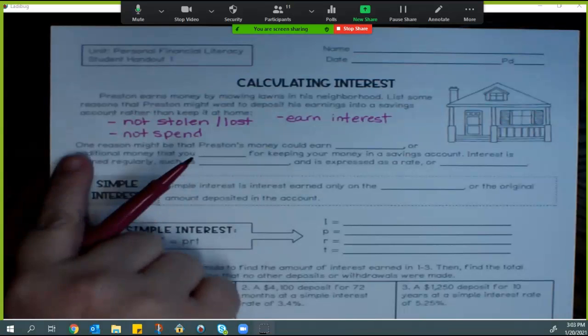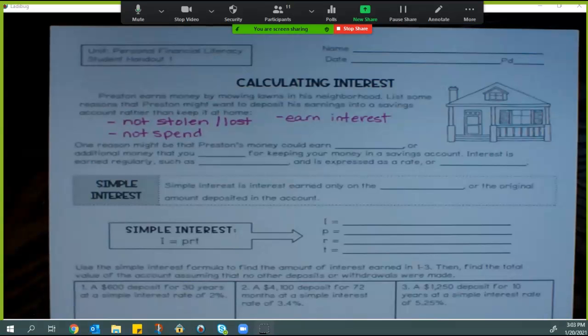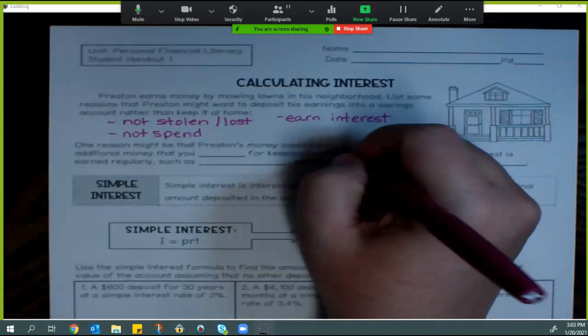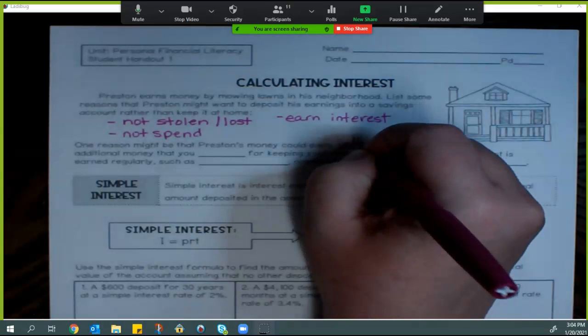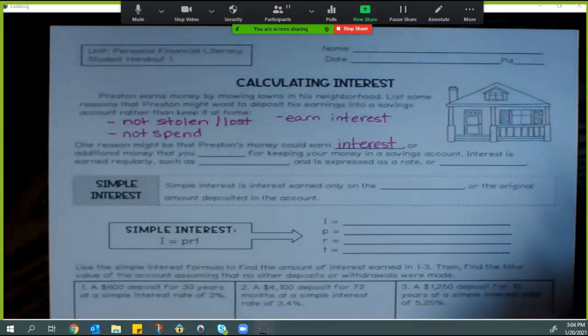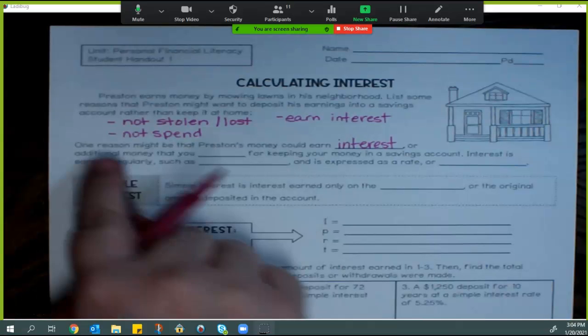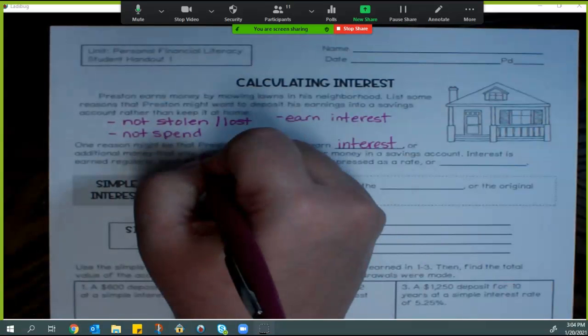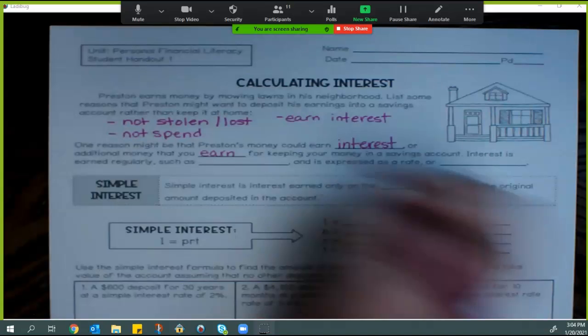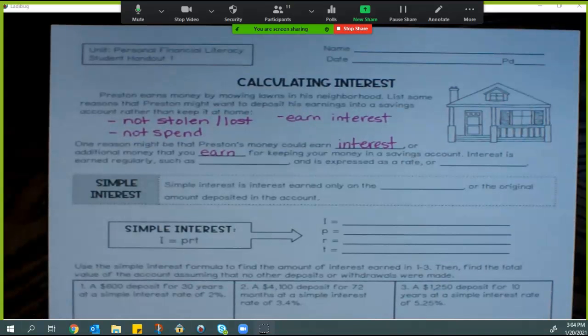All right, one reason might be that Preston's money can earn interest. Remember, interest is that additional money that you earn for keeping your money in a savings account.